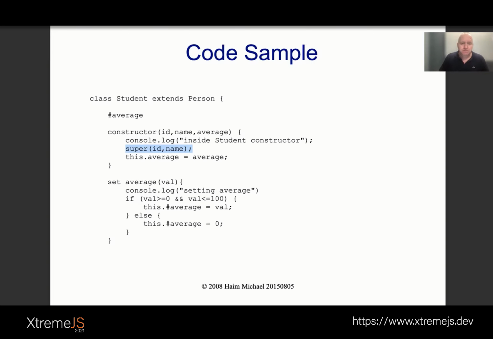Whenever we instantiate student, we get a new object, and we can tell that it is a student, but we can also tell that it is a person.